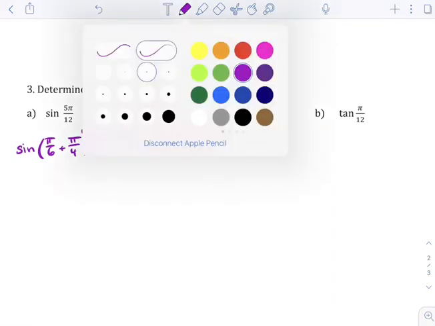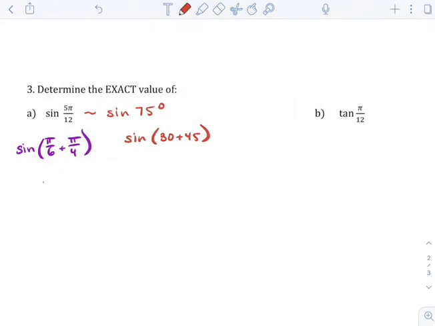Now, if you remember the sine addition formula, I'll write it out. You don't have to do it every single time, but sine of alpha plus beta is equal to, remember, sine has opposite ratios. Keep the same sign. Sine alpha cos beta plus sine beta cos alpha. So whether I'm using radians or degrees doesn't matter. In this case, maybe I'll use radians.